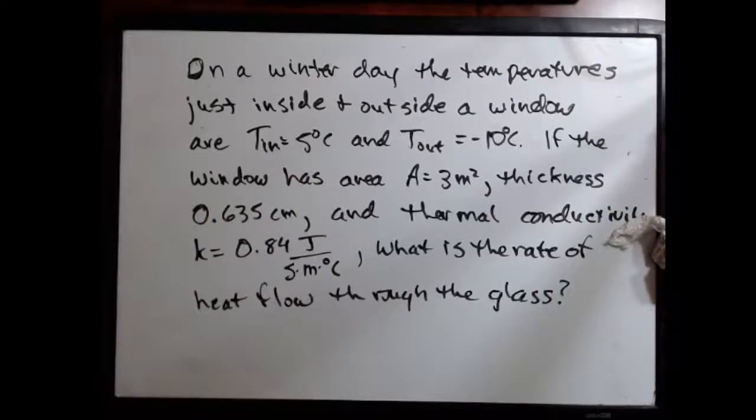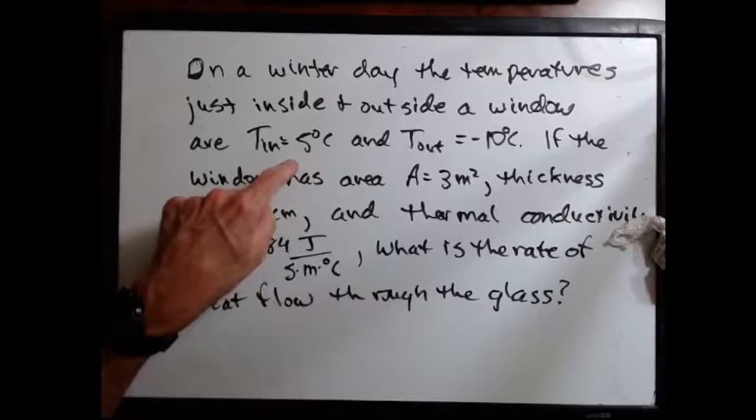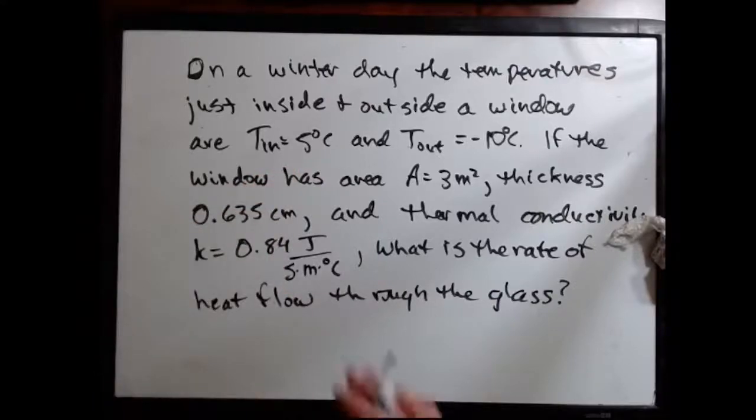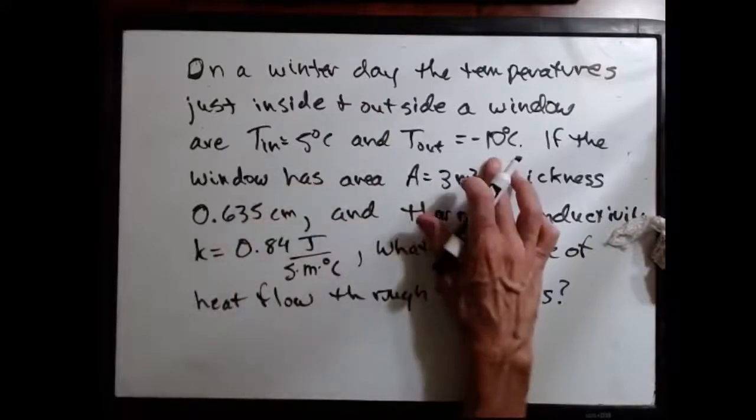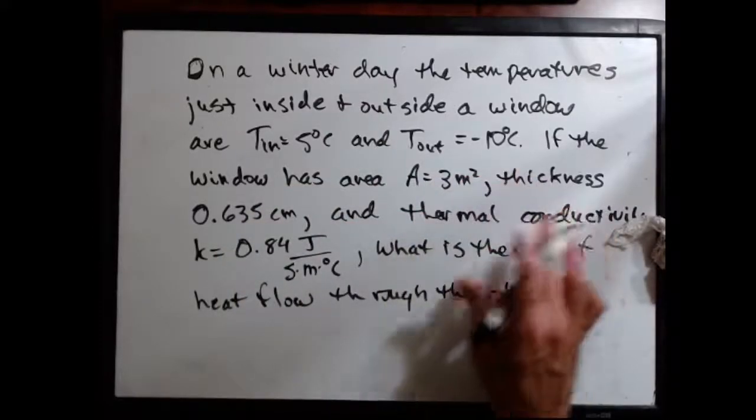In this case, we've got a single paned glass window, which is not very typical. So it's 5 degrees C inside and minus 10 degrees C outside.